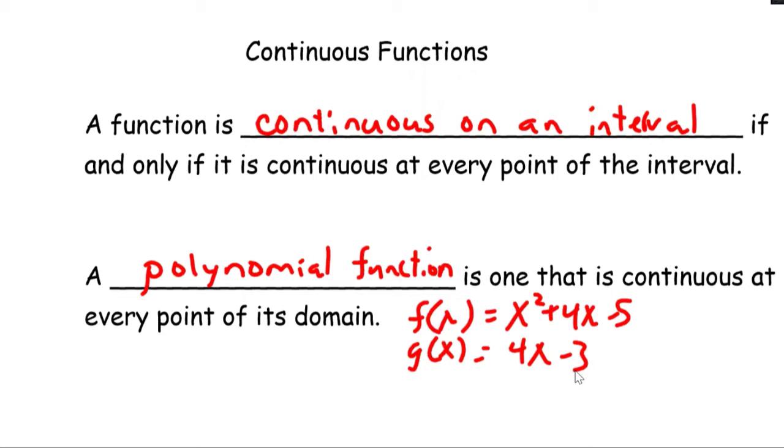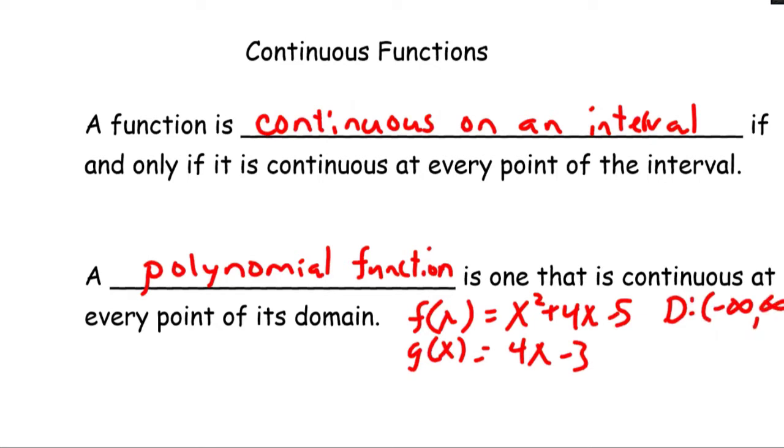If you're looking at x squared plus 4x minus 5, what's the domain of that polynomial? What possible x values fit? Any. So the domain here is all real numbers.